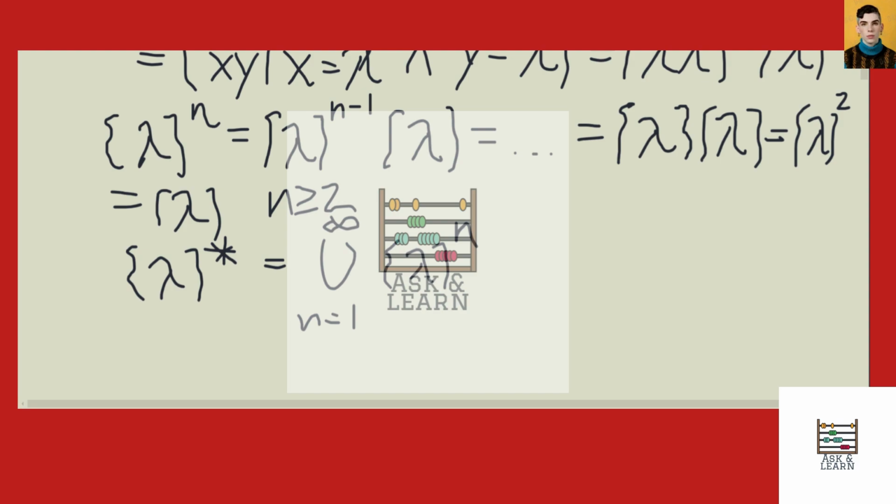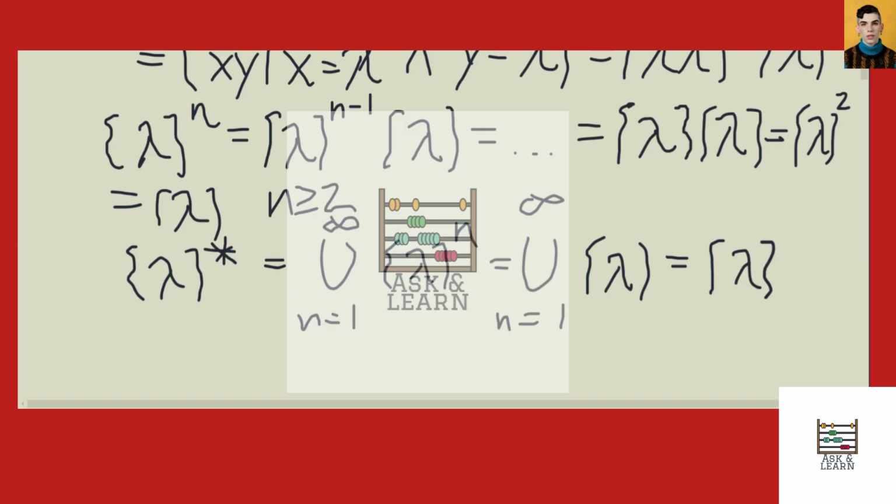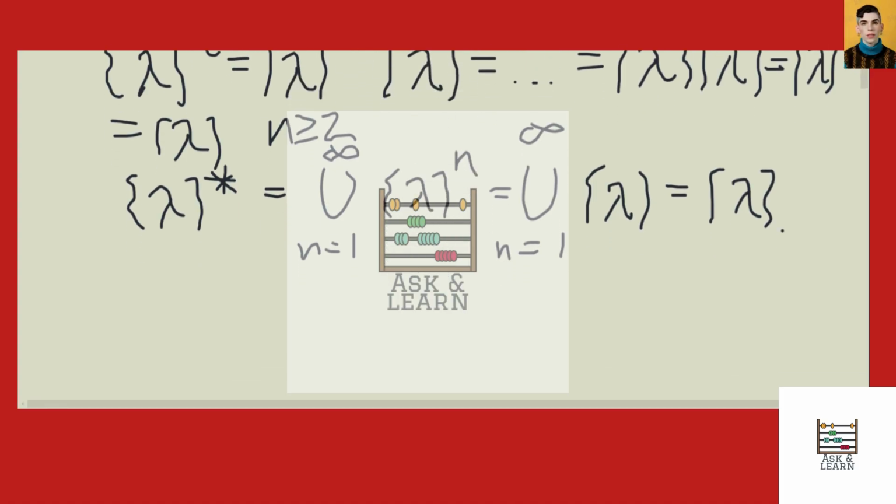This is equal to the union from n equals 1 to infinity of, as we already showed, just the set containing the empty string, which is going to be the same as the set containing the empty string again, because the union of two sets which are identical is the same set. This is what we wanted to prove in part A.